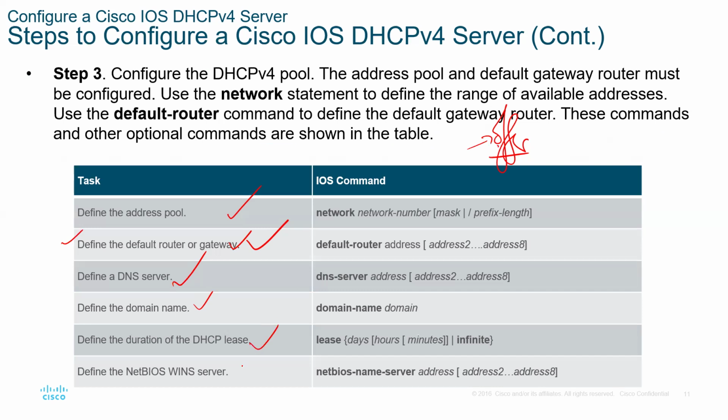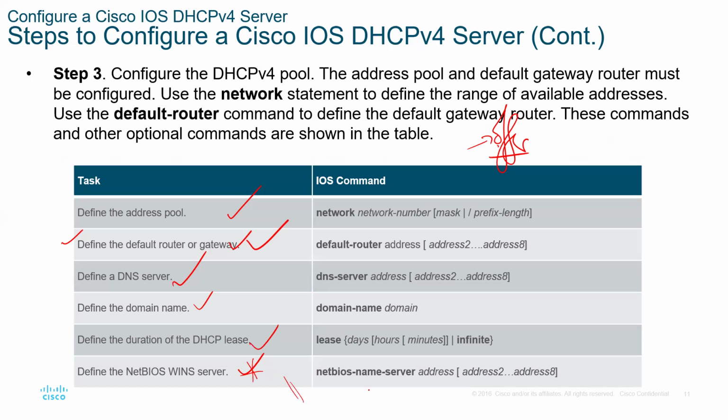Then we have the NetBIOS server. So I think everything else is pretty much clear, except probably for this. I don't think we did anything to do with NetBIOS. This is no longer used that much.